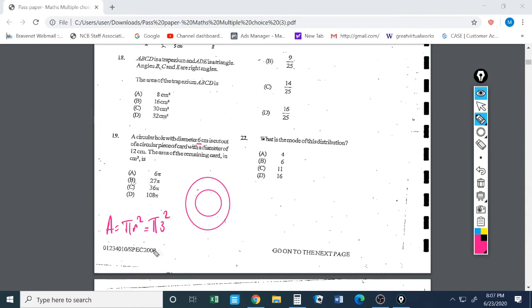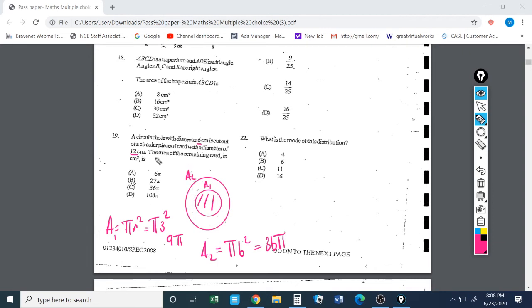So the area in here is 9 pi. Let's call this A1 and the big circle A2. The area for the big circle is pi r squared, which in this case is 12 divided by 2, which is pi times 6 squared, which is equal to 36 pi.